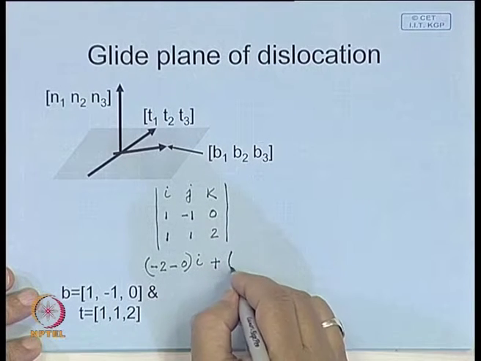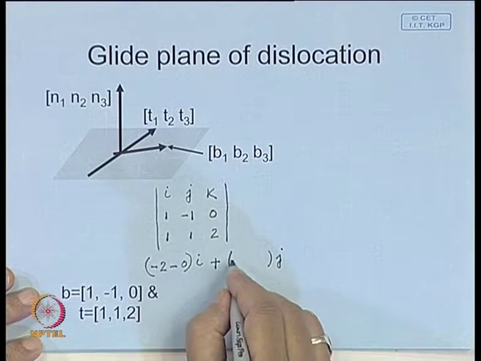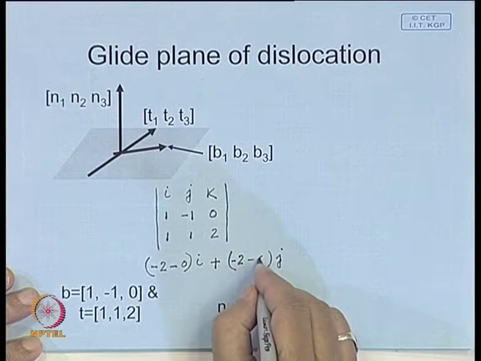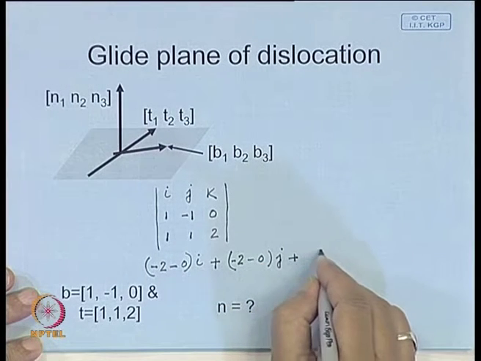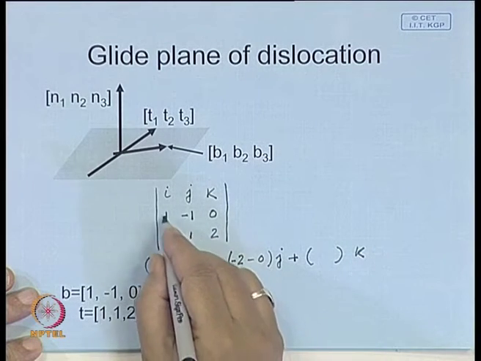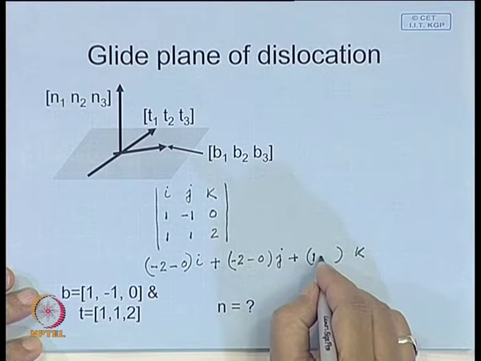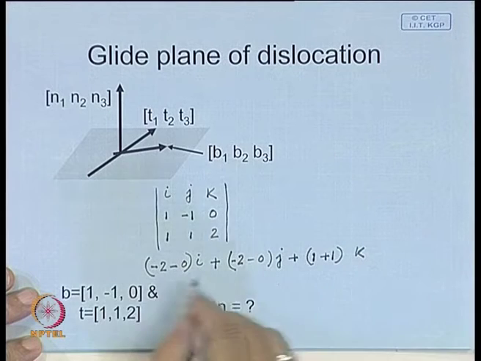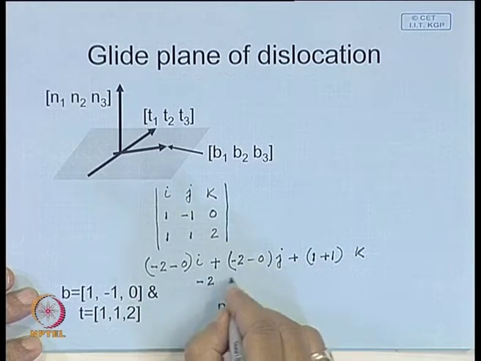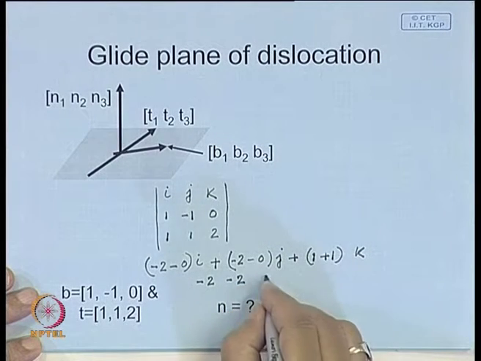So this will be minus 2 minus 0 plus k, this is 1 plus 1. If you solve this, it actually comes to minus 2, minus 2, 2.